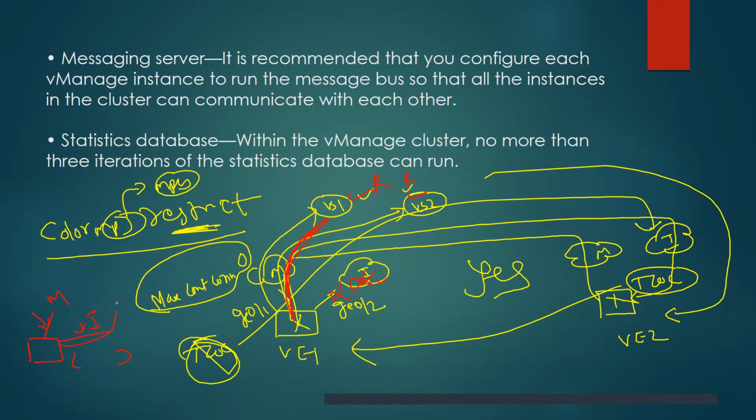Once you have an OMP session, this interface and this one both get exchanged with the control plane. So over the internet control connection, it will exchange the MPLS T-loc information with the vSmart.